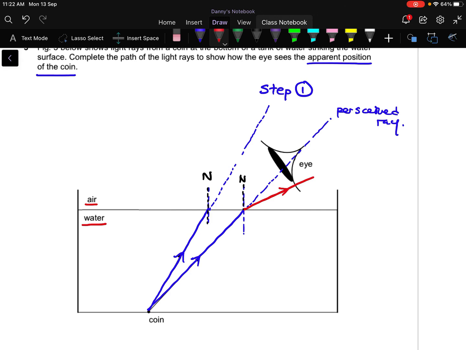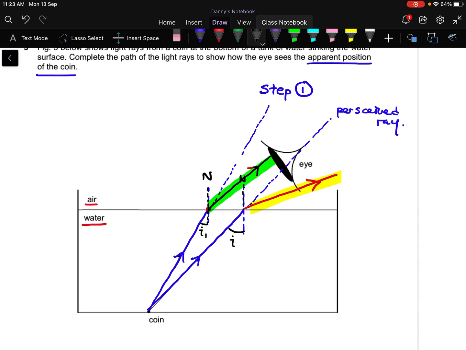It's just an estimate, you won't be able to measure it. So same thing, it will bend away from the normal. Down here it will bend even more, so maybe like that. How do I know that this yellow one should bend more than the green one? I look at the incident angle.